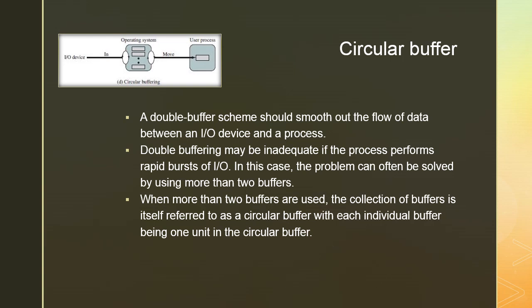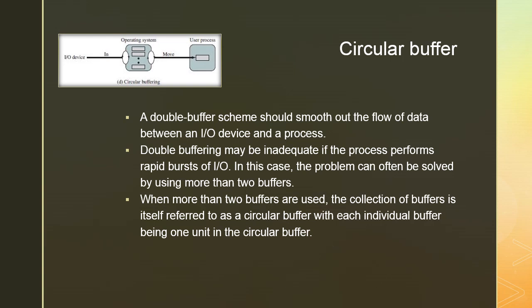When we transfer the n plus 1th block from the device, it goes into the first system buffer. The process will go in the same order. After the first block has been brought in, the process picks it from the first system buffer. After the second block has been brought in, the process picks it from the second system buffer.